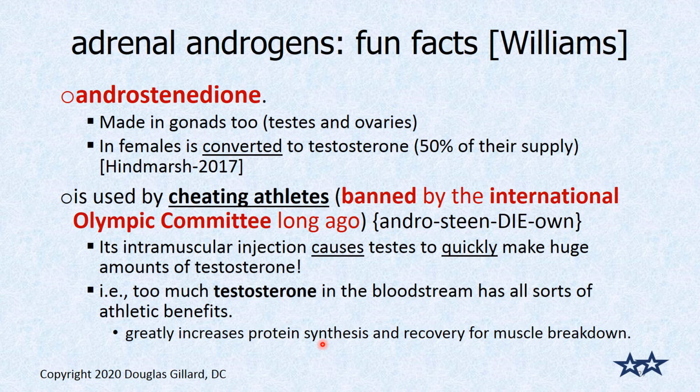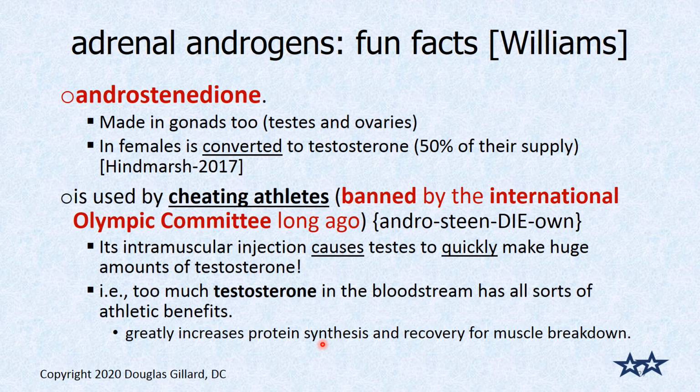It's not only made in the adrenal gland. The testes and the ovaries both make the adrenal androgens. In females, androstenedione is converted to testosterone. In fact, about 50% of the supply of testosterone comes from that ovarian release of androstenedione.